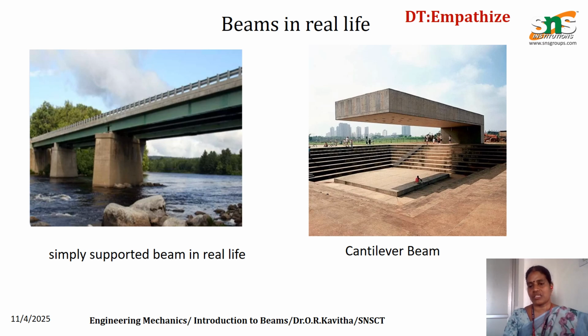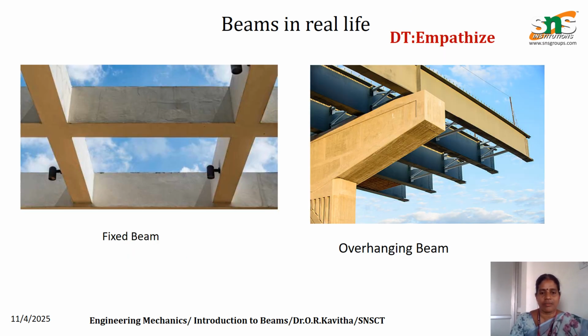And here this is an auditorium, a football ground, where one end is fixed and the other end is free. Mostly we are using these types of supports in porticos. And here it is a continuous beam, but the ends are fixed. Therefore we are calling that a fixed beam.